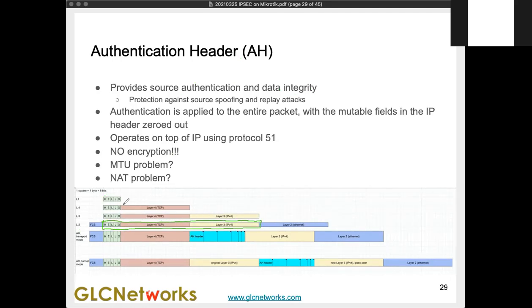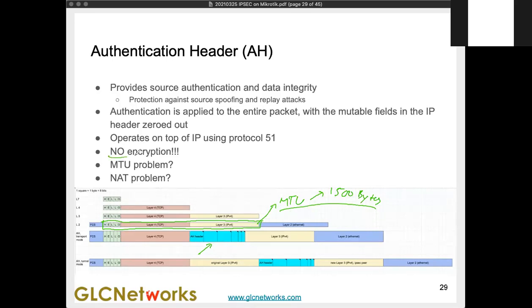The MTU is 1500 bytes. Because you add more data, it could be that the data is larger and does not fit the MTU, so you may need to decrease the MTU size for data transfer.